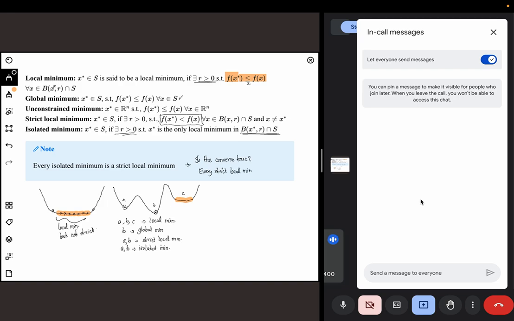Those of you who have already gone through the lecture videos might have come across this being mentioned, that every strict local minima is not necessarily an isolated minimum. And why is this?